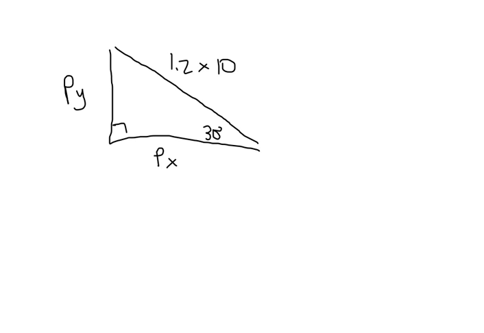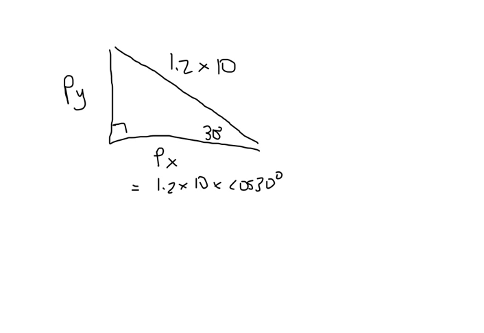Do you guys know the general rule of thumb for if you have an angle in this corner here, how to calculate this one and this one based on sine and cosine? The adjacent one is cosine, and the opposite one is sine. So if you wanted to do this exactly, this one's momentum would be 1.2 times 10 times the cosine of 30.